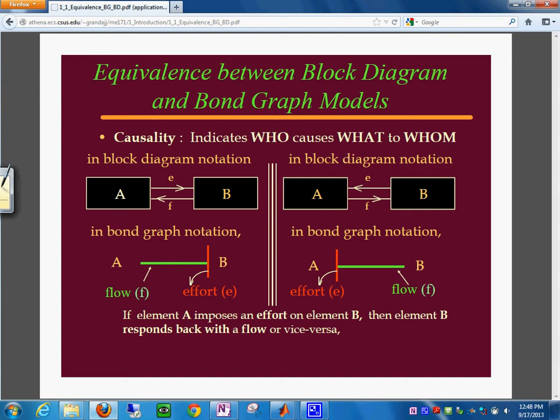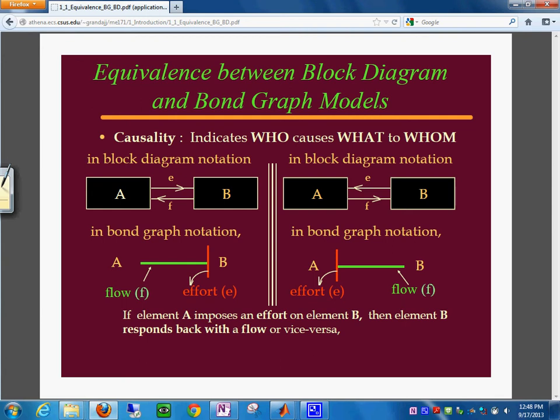So A applies the effort on B. That's what it means. Or like in this case, B applies the effort on A.